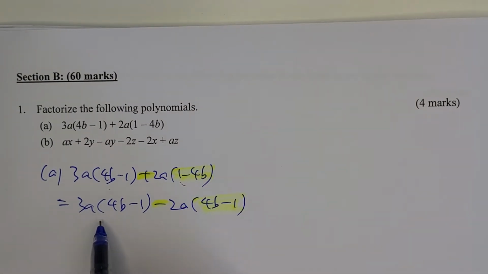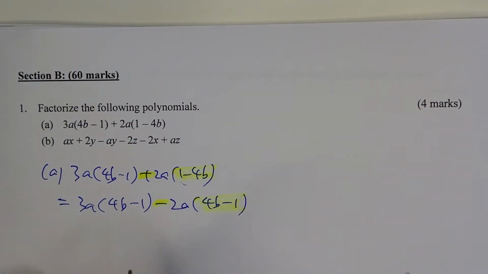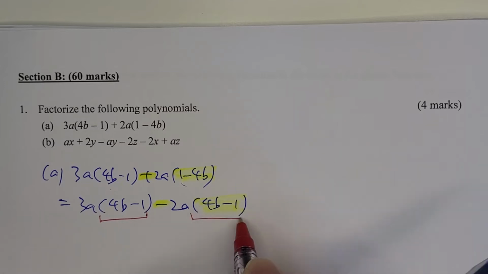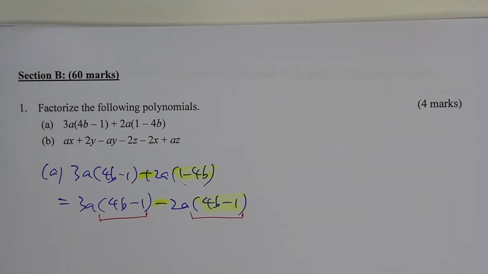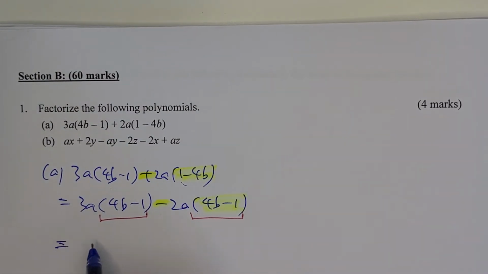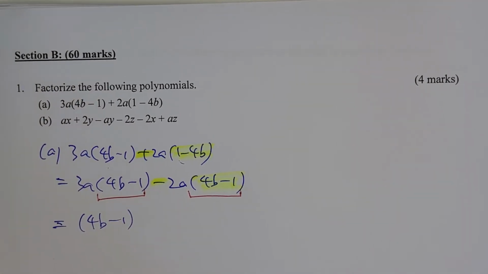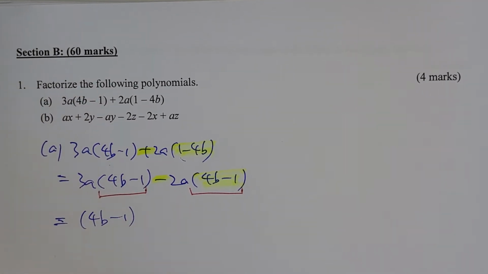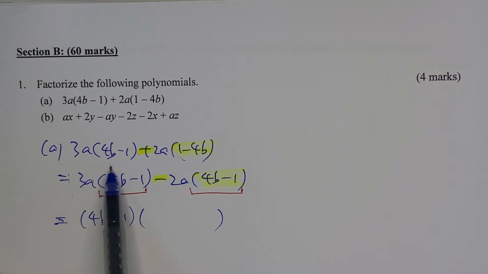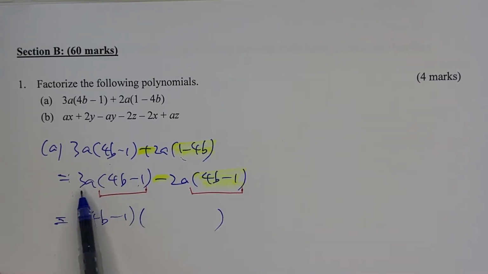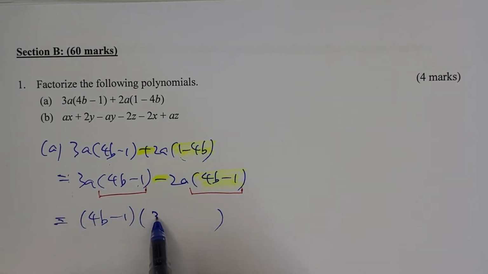And you can see that now there's a common factor 4b minus 1. You just write it down on the left hand side once. Okay, the leftmost position once, and then start a bracket. For the first big expression, after taking this one out, you have 3a left.